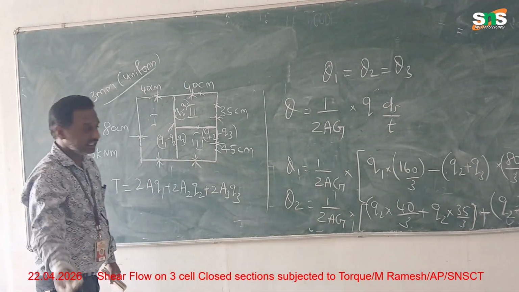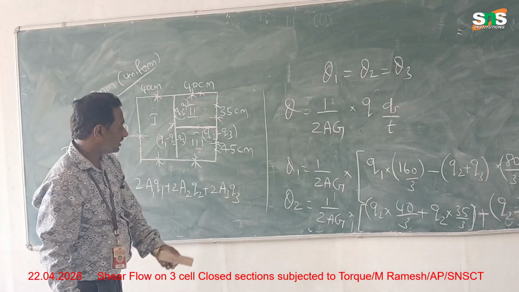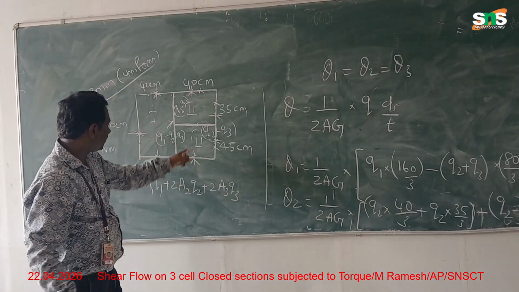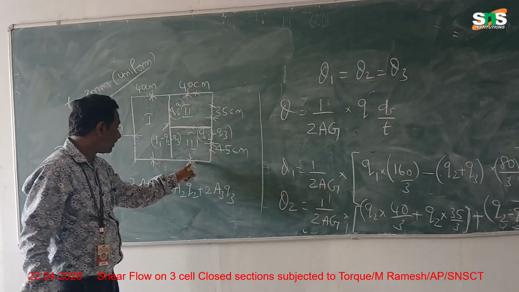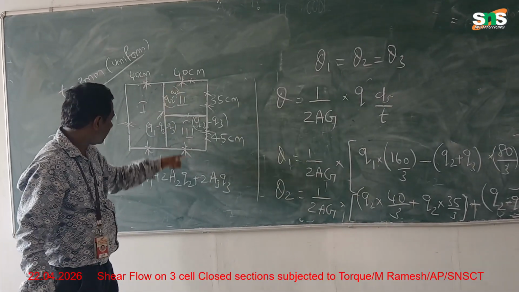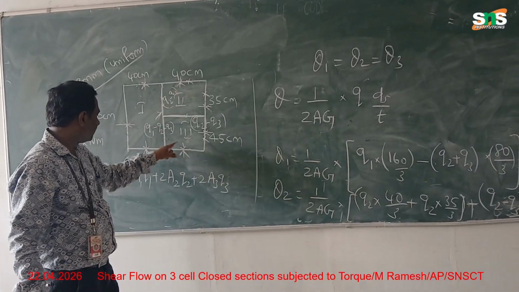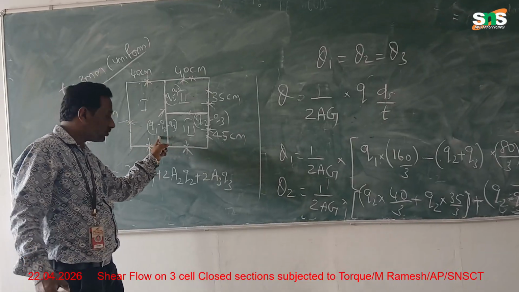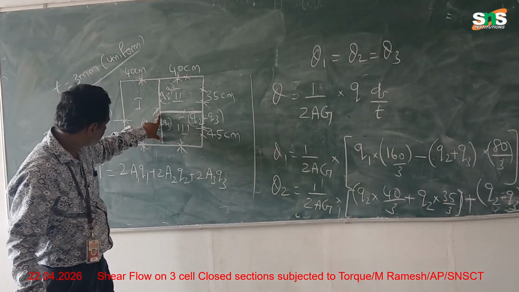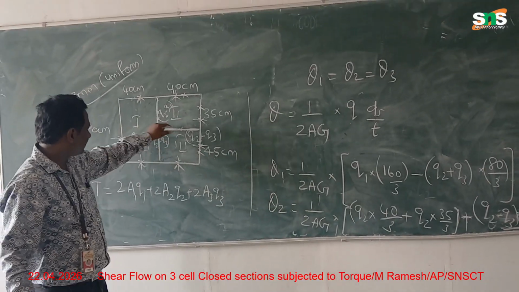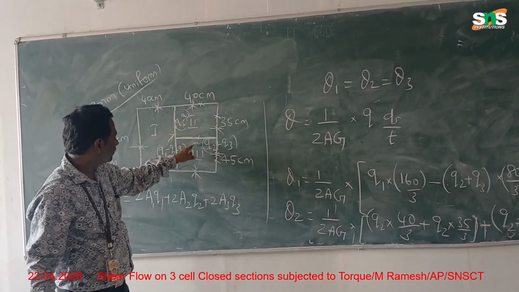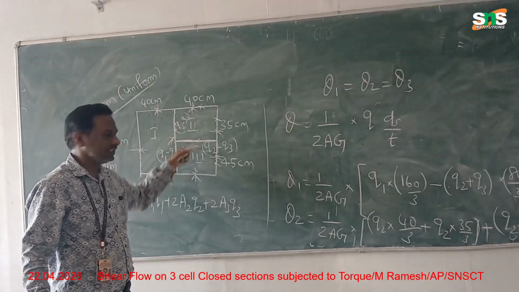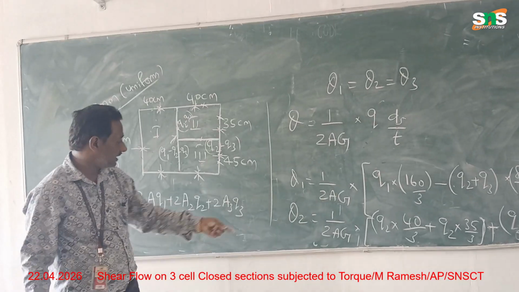For these three you can apply the same format: Q3 into 45 by 3 plus Q3 into 40 by 3, and here Q3 minus Q1 into this distance by the thickness, plus Q3 minus Q2 into this distance divided by thickness. Like that you can apply and get the value.